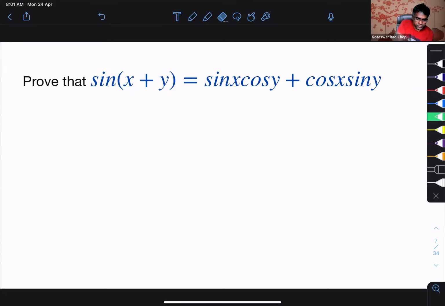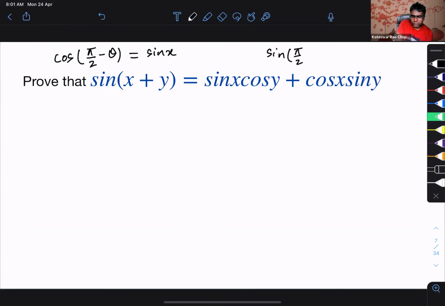So cos of pi by 2 minus theta, so instead of x I have theta, this is sine theta. And similarly, sine of pi by 2 minus theta is cos theta. Okay.